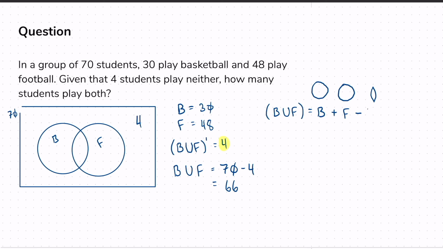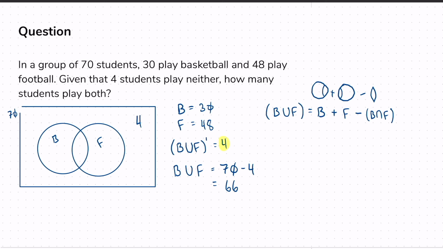That's B intersection football. The reason we minus this is that otherwise we're double counting it. We're counting it once here and twice here, so we have to take away one of those so as not to double count it.